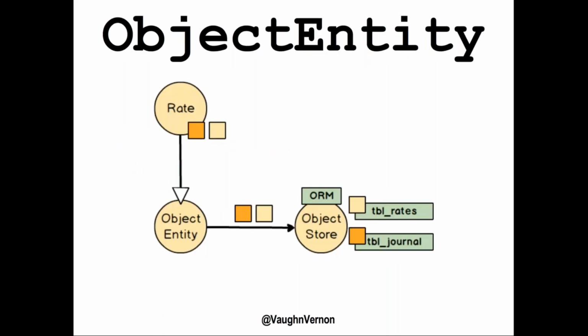Let's first go through the object entity and the kinds of storage that it supports. So the object entity is the abstract base class that you see the rate entity is extending here. And the rate entity may emit both a new state and one or more domain events. The object entity abstract base class then handles the interface to the object store. Now, there is no persistence looking interface in the object entity.